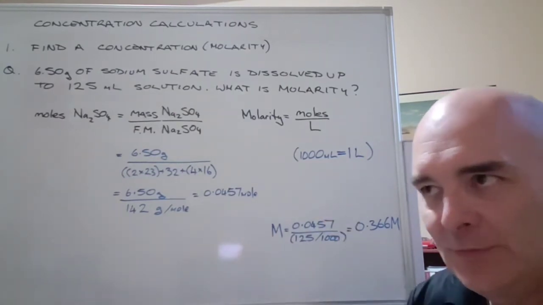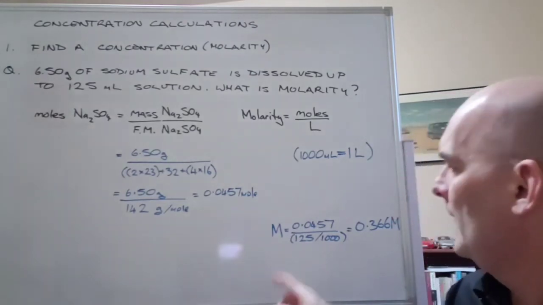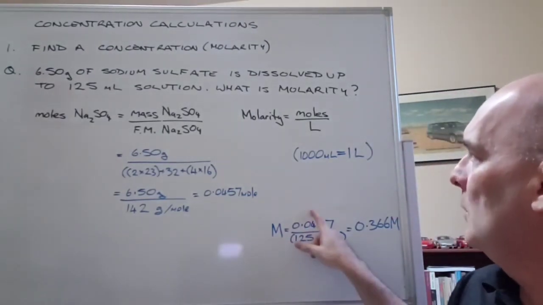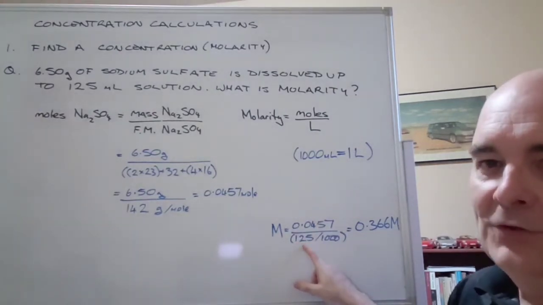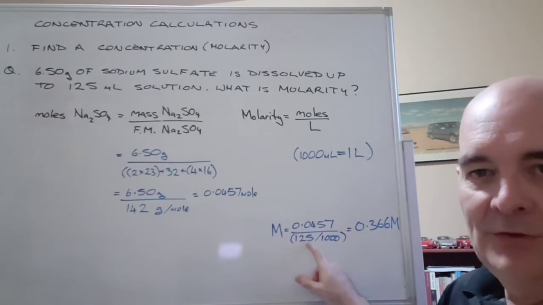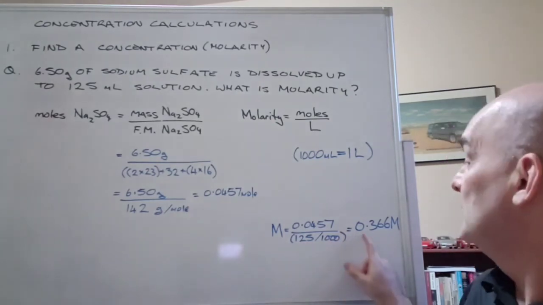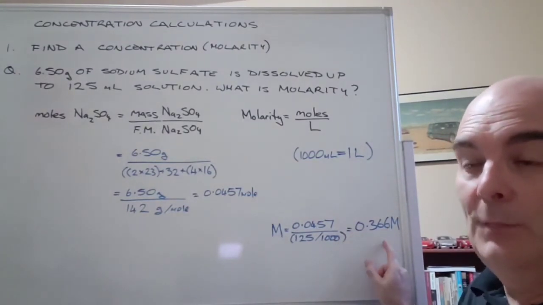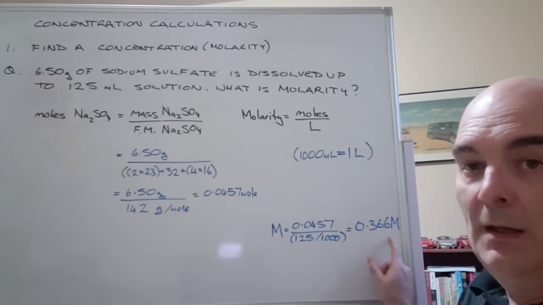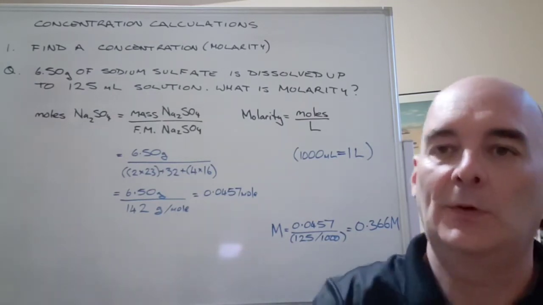So each of those millilitres is 1,000th of a litre. The molarity is the number of moles divided by litres, and 125 millilitres is 125 divided by 1,000. That gives me an answer of 0.366 moles per litre. We capitalize the M for moles per litre, or molarity.